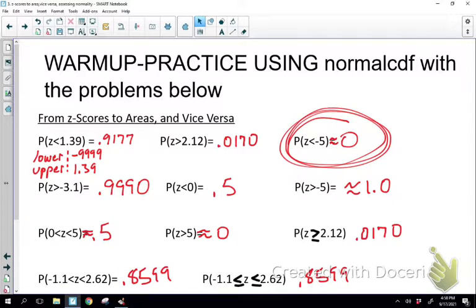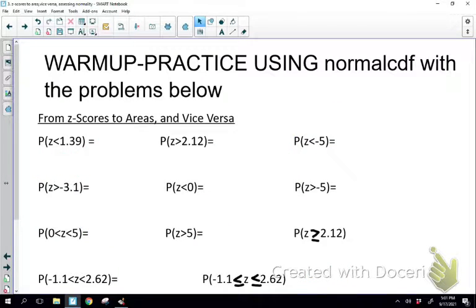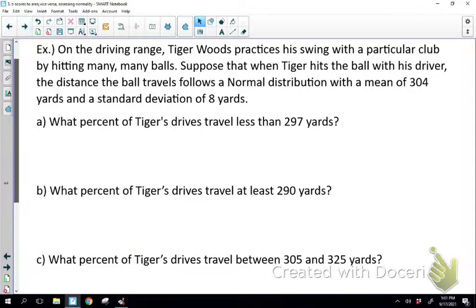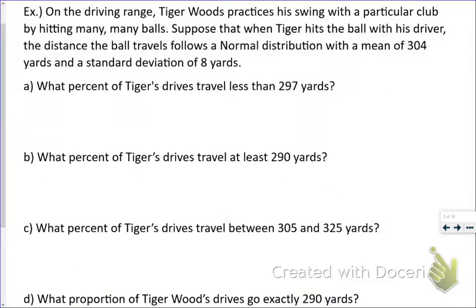We're going to move on to a Tiger Woods problem. This is a real-world problem, and we're going to apply what we've been doing to z-scores and find a proportion. So read it for a minute, pause it if you need to. I'm going to start working. The first thing we grade that you have to write down on an FRQ is define the distribution.